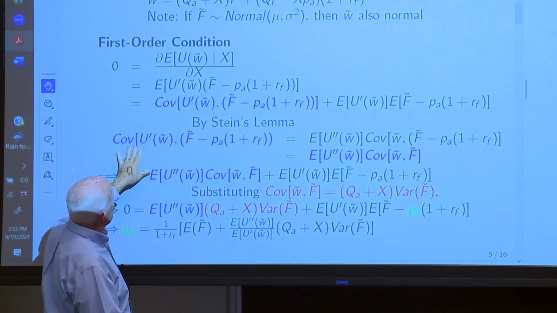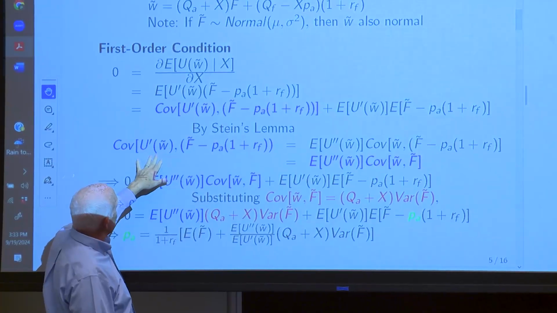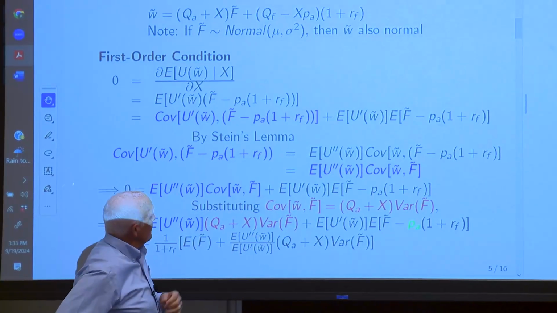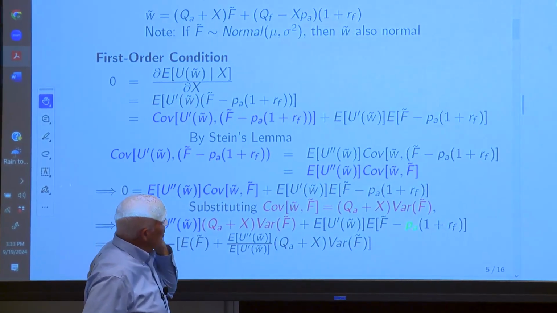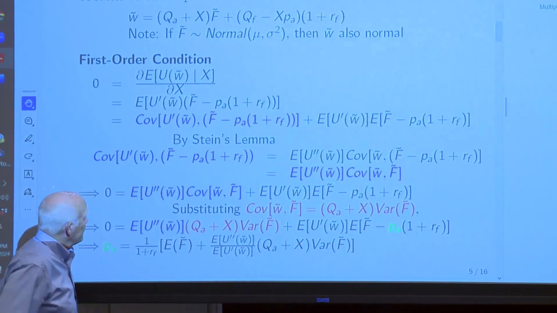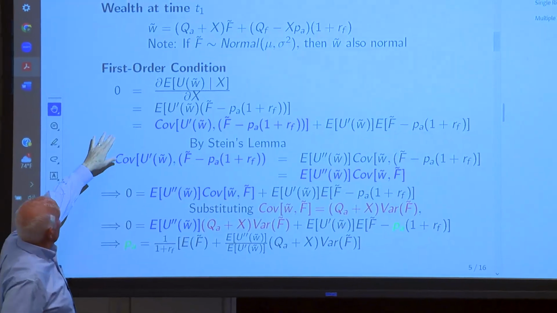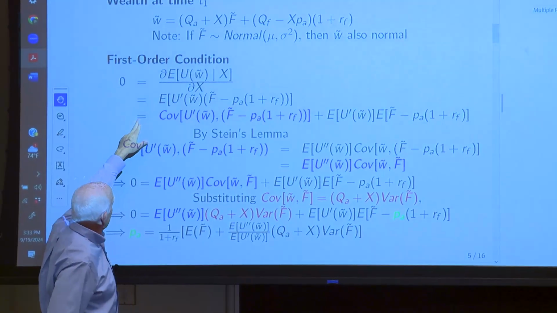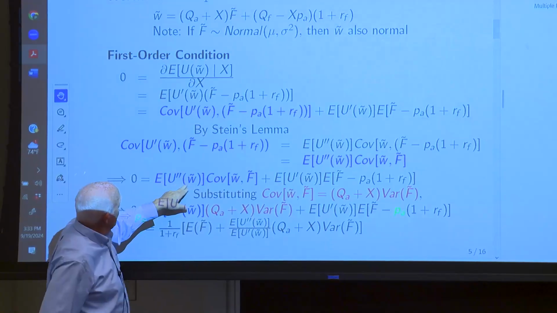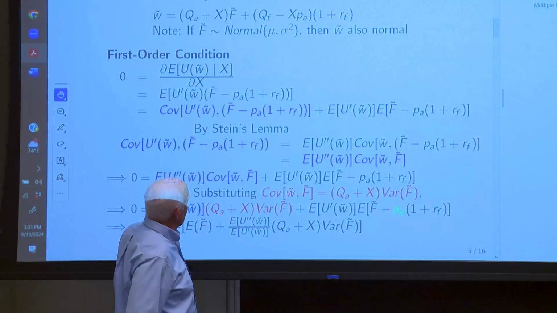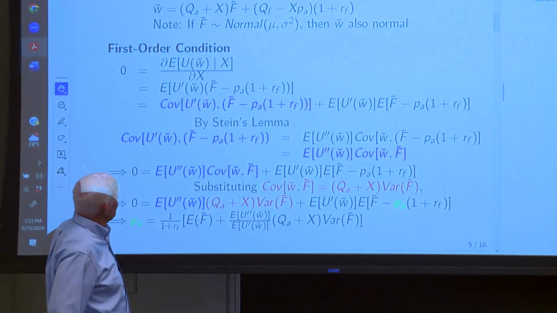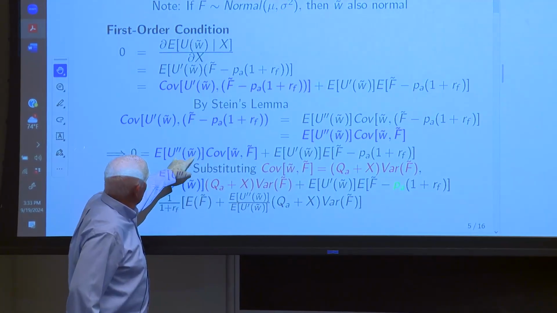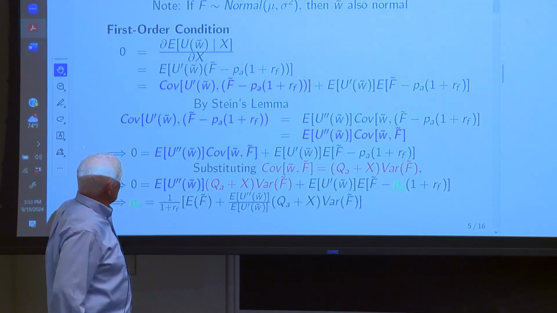Then by Stein's lemma, one can re-express this covariance as the expected second derivative of u times the covariance of w and f. And so we can substitute this expression into this last expression here and get 0 equals that covariance plus the product of the first expectations there. So we're substituting in this expected second derivative of u times the covariance in that formula.